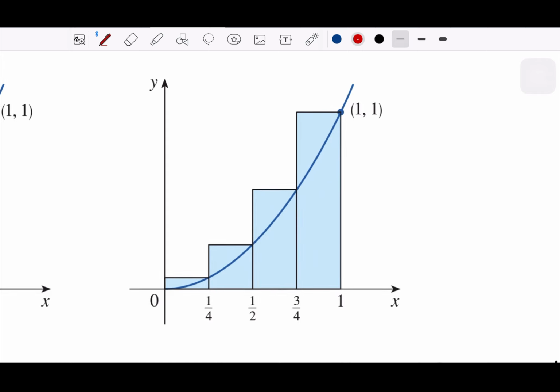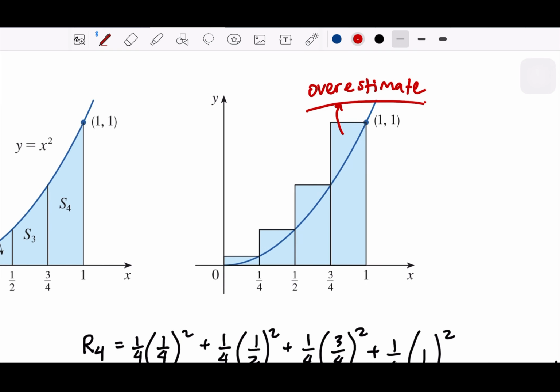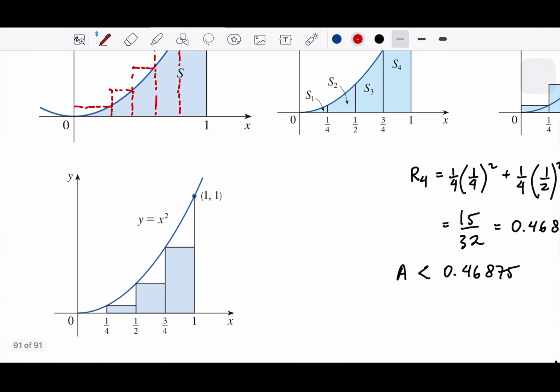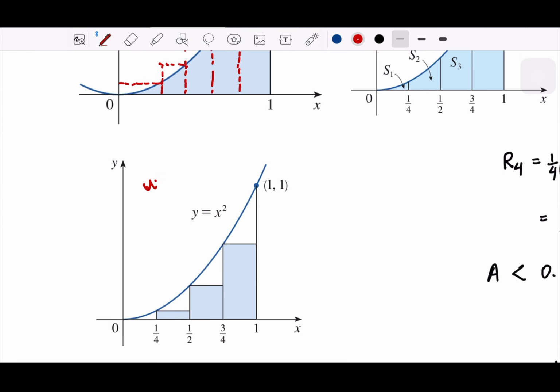We call the first one, with that additional part, the overestimate, because the result is greater than the one that we want to compute, so it is over our estimation. And when we have this, we call this underestimate, because we have less area. We have something that is missing here, right?